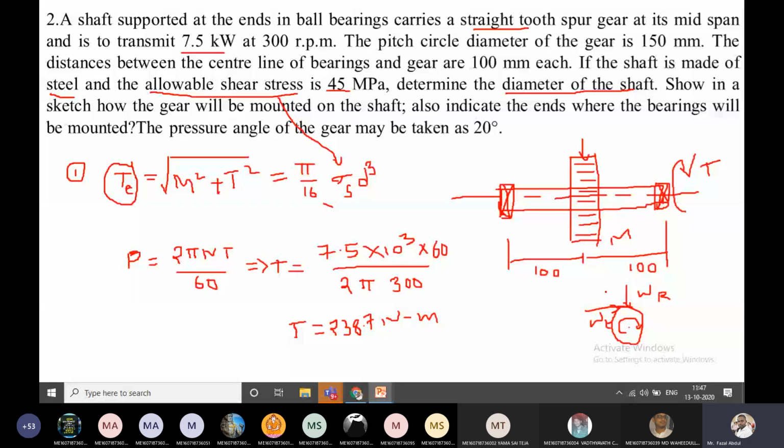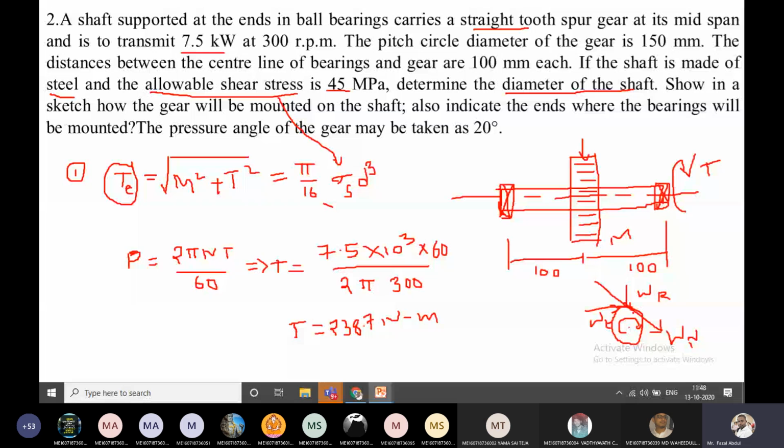In whichever direction the resultant load is acting, in that direction the gear is going to start rotation. It is subjected to the angle alpha, which is the pressure angle. This is alpha.